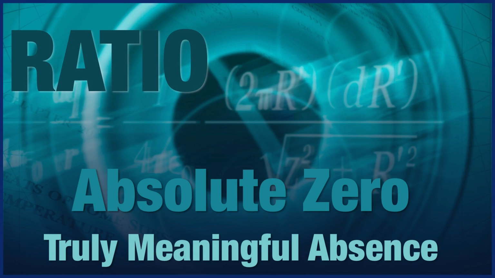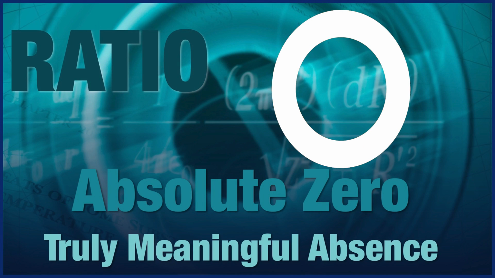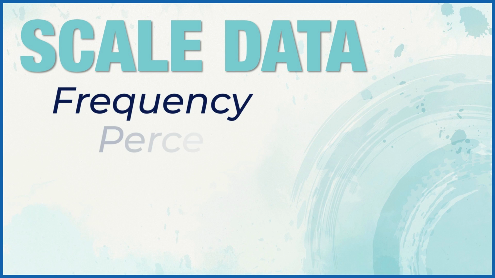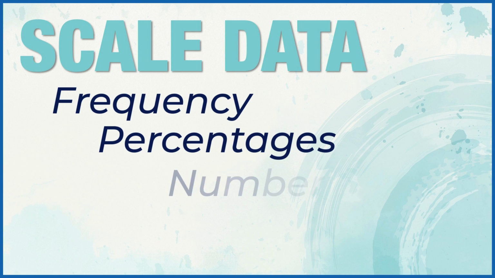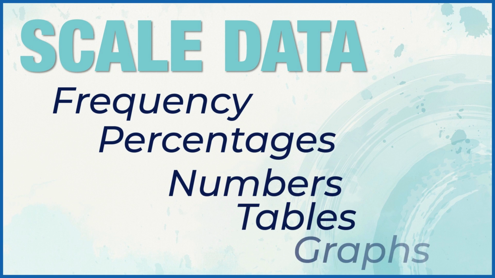Ratio data have an absolute 0, in which 0 represents a truly meaningful absence of the thing being measured. Whether interval or ratio, scale data can be described using the same descriptive statistics as with categorical data: simple frequency, percentages, numbers, tables, and graphs. But we also have more exquisite measures for scale data.